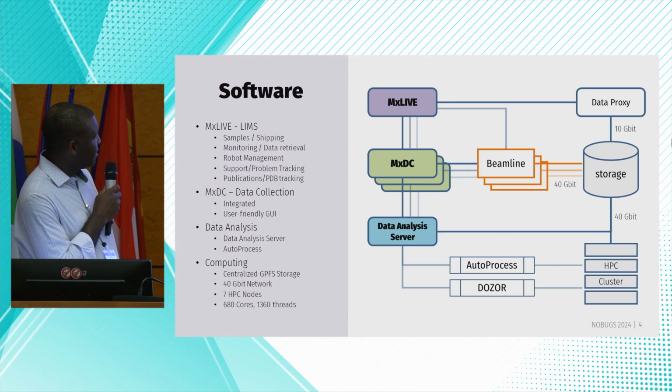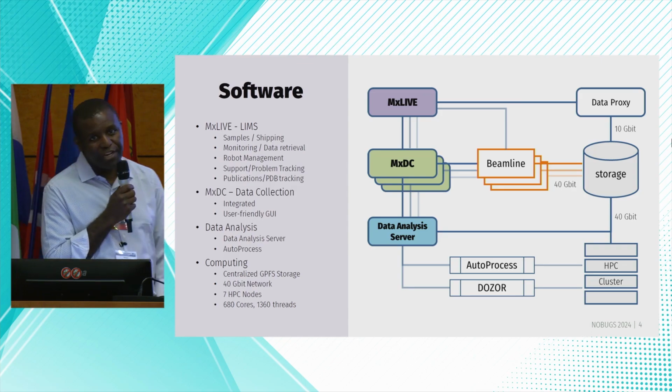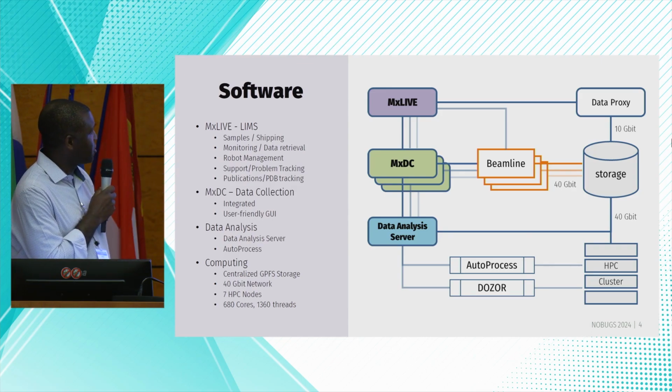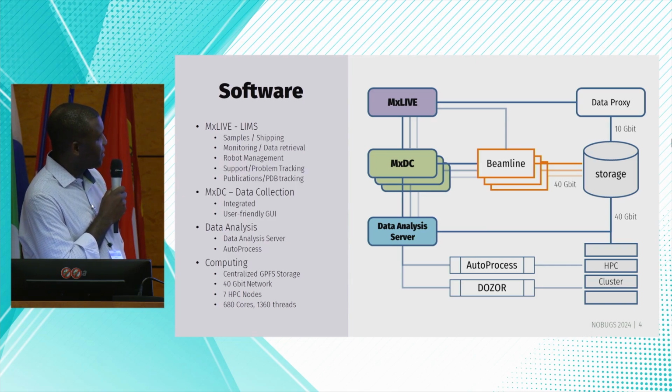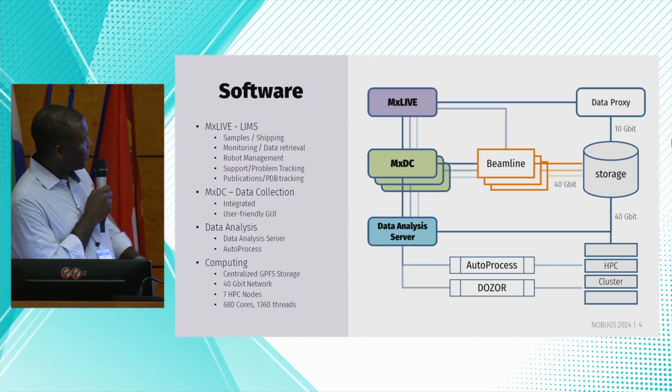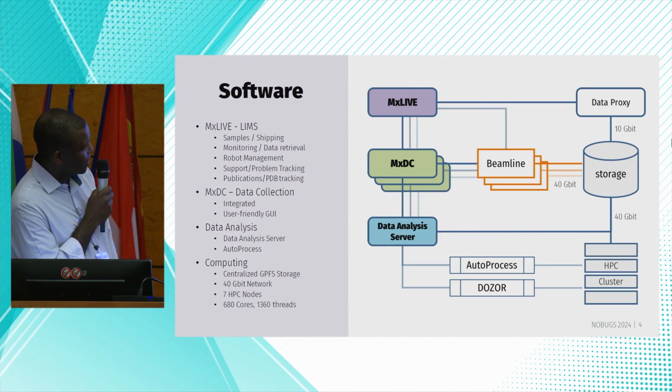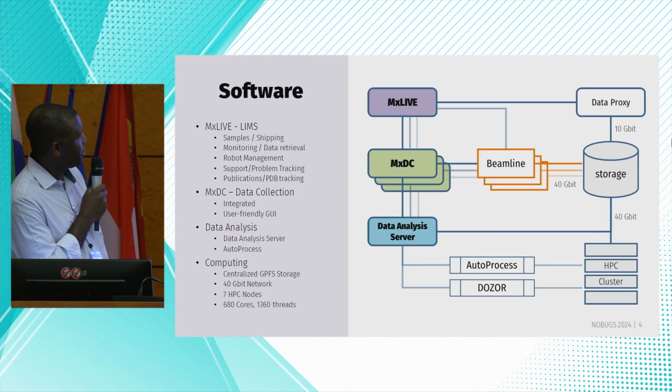You have MX Live, which is our LIMS system. MX DC is a single graphical user interface that is used for data acquisition. And then we have a data analysis server. Our users interact just with MX Live and MX DC. And all of this is supported through a storage system, an HPC cluster, and linked through a 40 gigabit network.